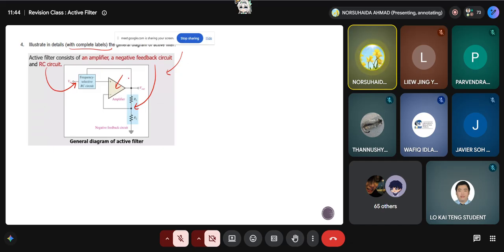Here we can see that this is the amplifier, the active component. So from this figure, the active filter consists of the amplifier, negative feedback circuit, and also the RC circuit.